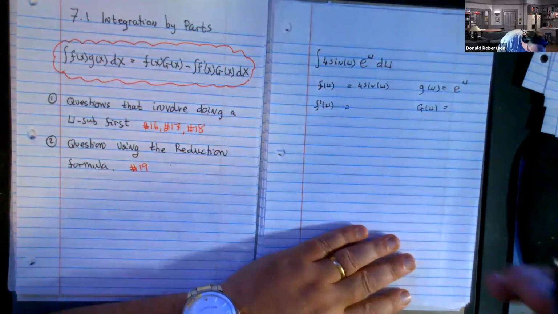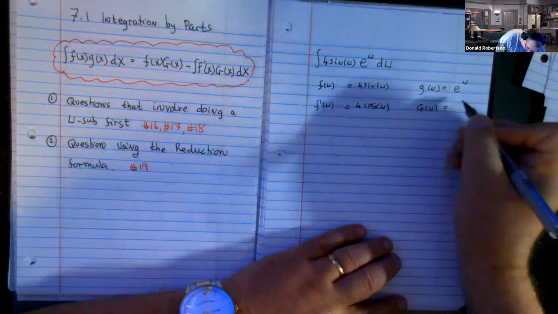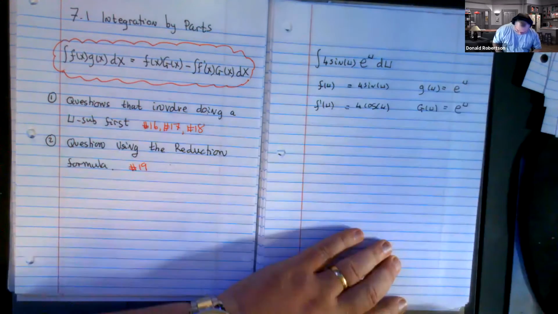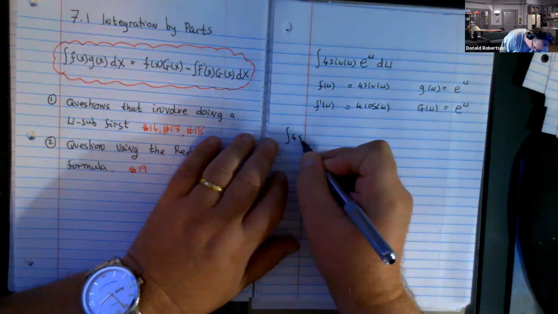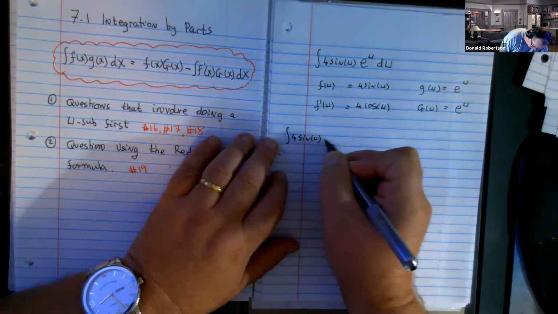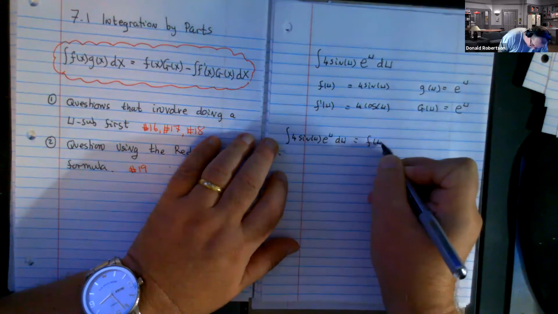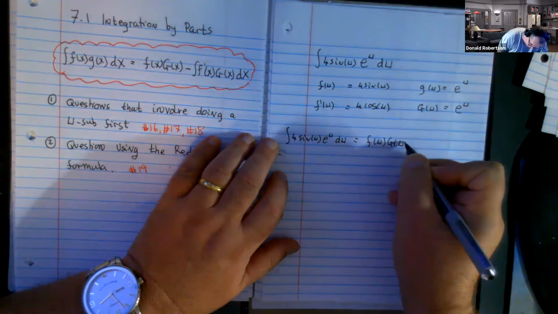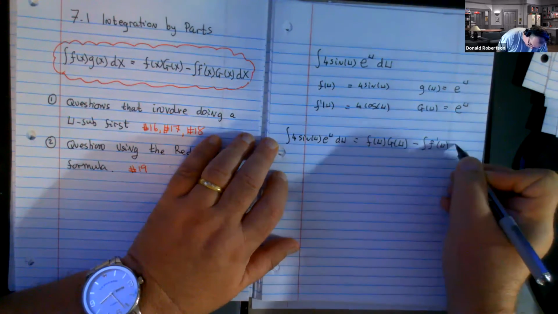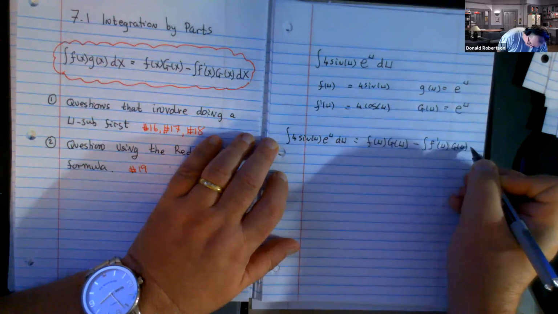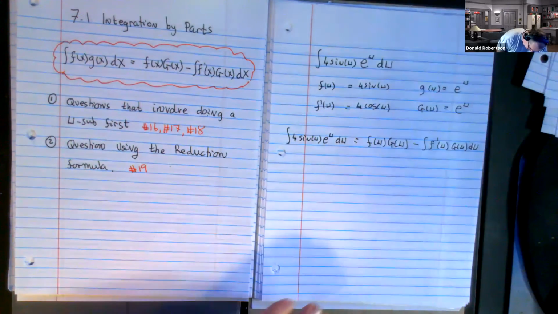Now, if you differentiate this guy, you get 4 cosine u's. And if you integrate this guy, you get e to the u. So let's see what happens to our integral then. It's going to be f of u, g of u, the derivative. This is an amazingly sneaky question.